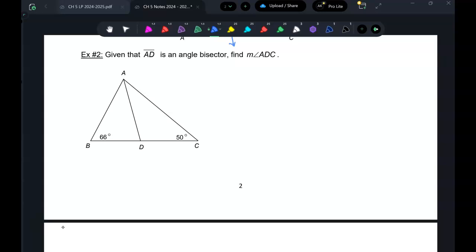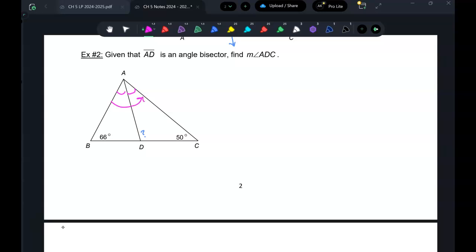If AD is an angle bisector, we want to find the measure of angle ADC. If this is an angle bisector, that makes the two angles at the top congruent to each other. We know this is 66 and this is 50. So they have to combine.